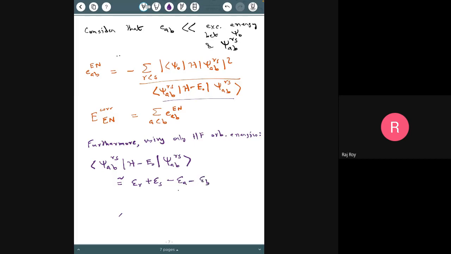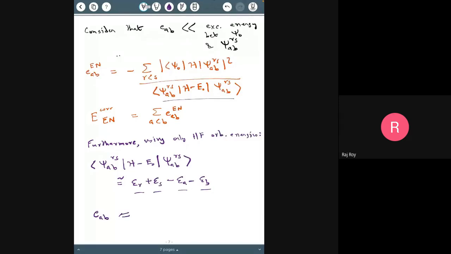So you have removed electrons from A and B and put them in R and S. So the difference in the orbital energies is the difference in the energy of the determinants, the ground state and the doubly excited determinant.